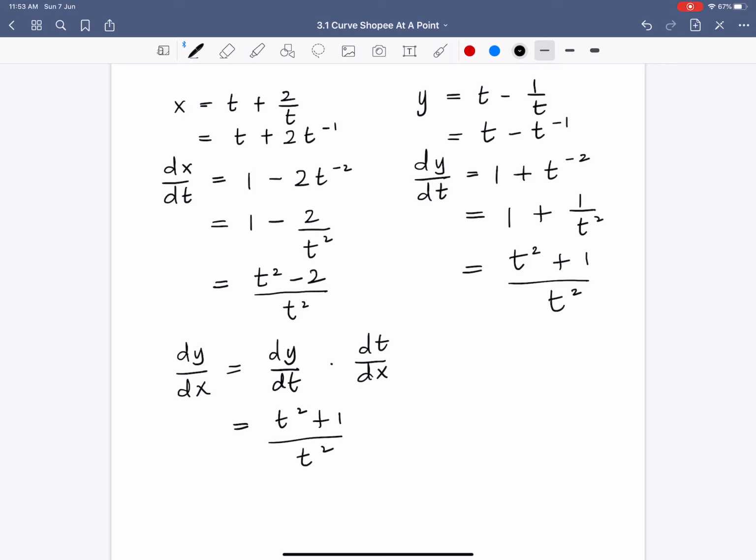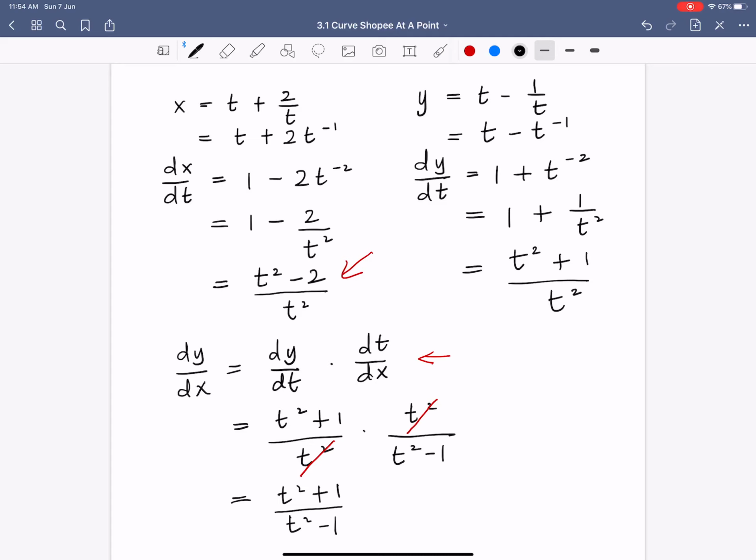And the one that we found just now was dx dt, but in this formula, we need to put dt dx. So from here, it becomes t square over t square minus 1. And in this case, we can simplify this. Then it gives t square plus 1 over t square minus 1.